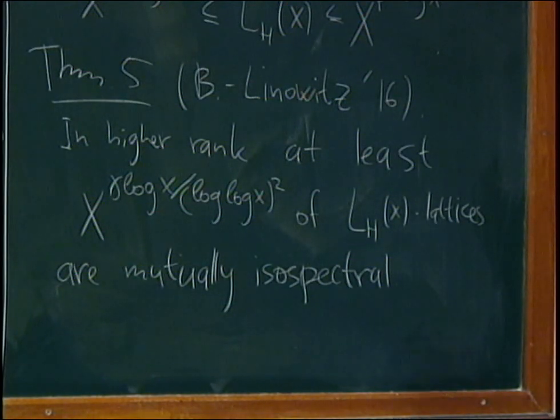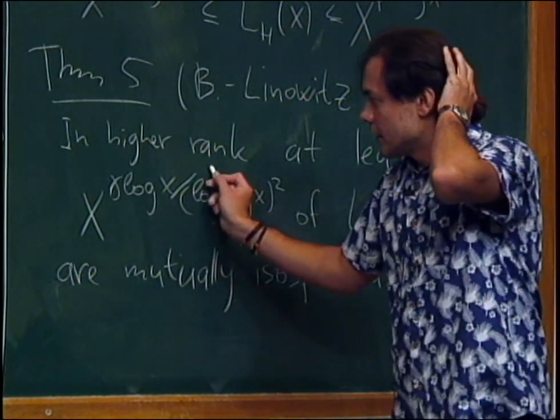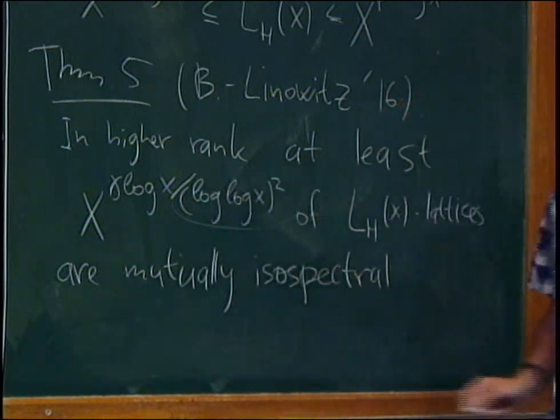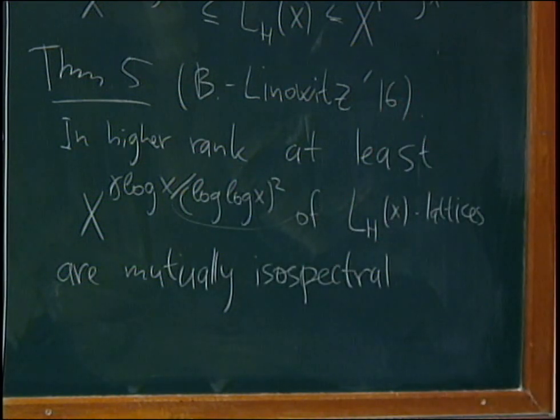And we could prove that actually a lot of these compact manifolds are mutually isospectral. This question goes back to much earlier, but it was popularized by Mark Kac in his paper, who asked if one can hear the shape of a drum.